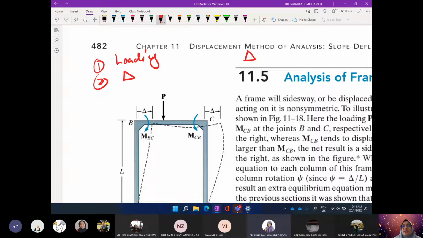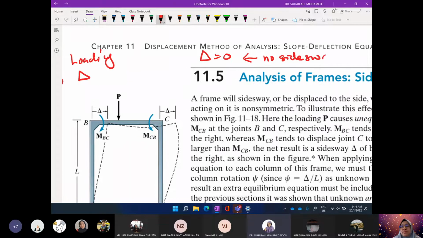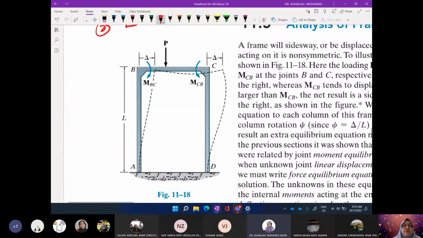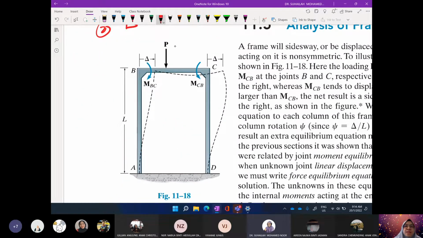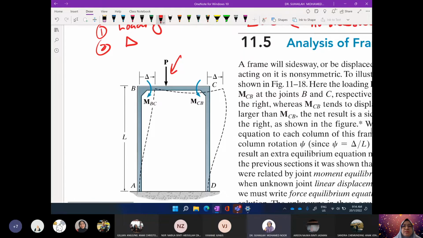Delta is equal to 0 when there is no sway. But if we have a frame like this, where P is subjected not at the center.